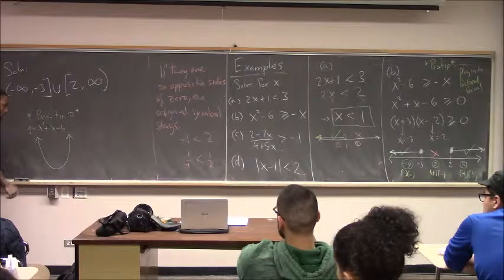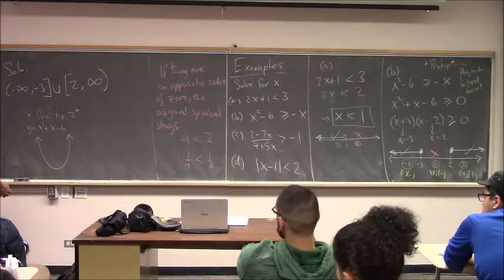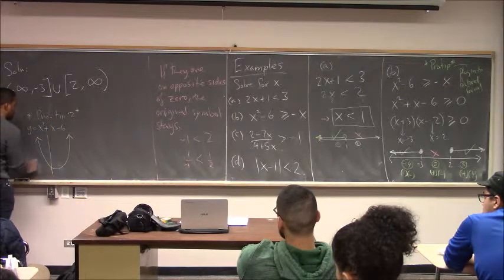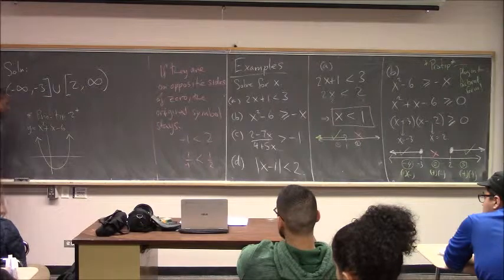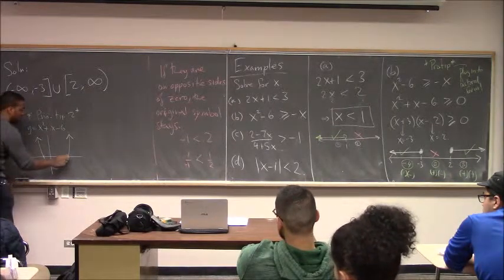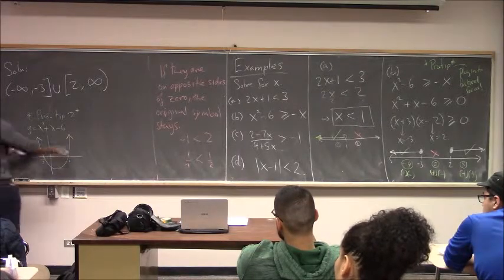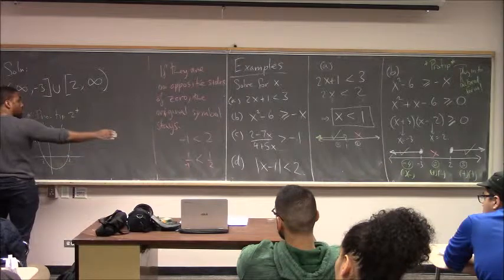Since we already know the answers, let's put this kind of to scale. The axes would come in something like that, where this is going to cut through -3, that would cut through +2. And so you can clearly see the graph is positive on the outer parts, and the middle part is negative.